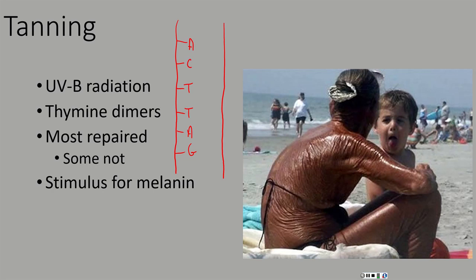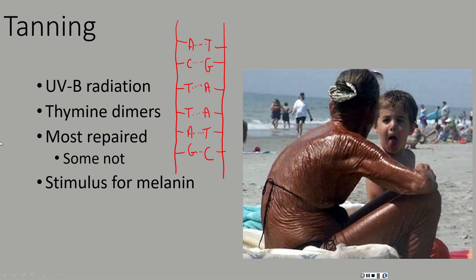There's my A, C, T, T, A, G. And if I know that side, think back to chapters 2 and 4. If I know that side, I automatically know the other side, right? If I have an A on one side, what do I have over here? A T. If I have a C on one side, what do I have over here? A G. So hopefully you can go through and fill this out on your own. And then the two sides are joined by what? Hydrogen bonds.